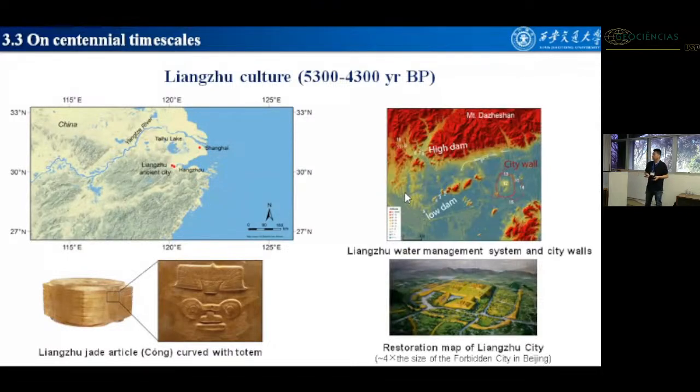This culture was really highly developed. It had a very large water management system with high and low dams, and also city walls, with a very high level jade industry, and also famous rice.